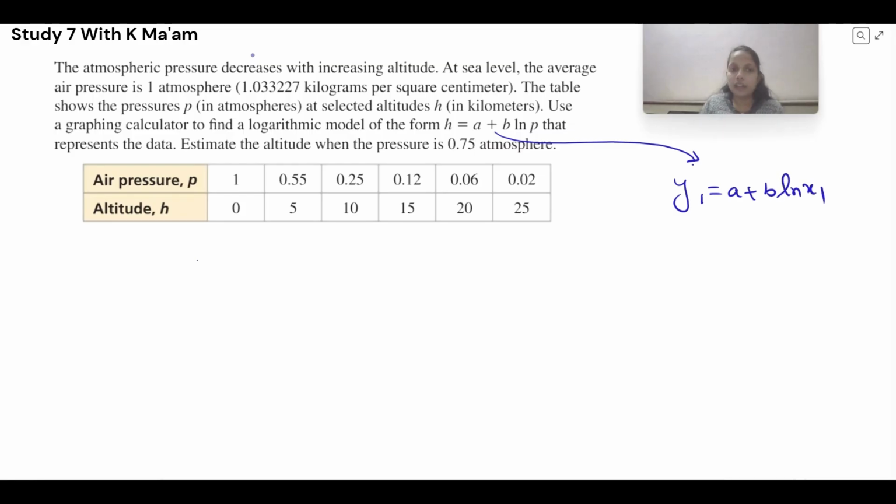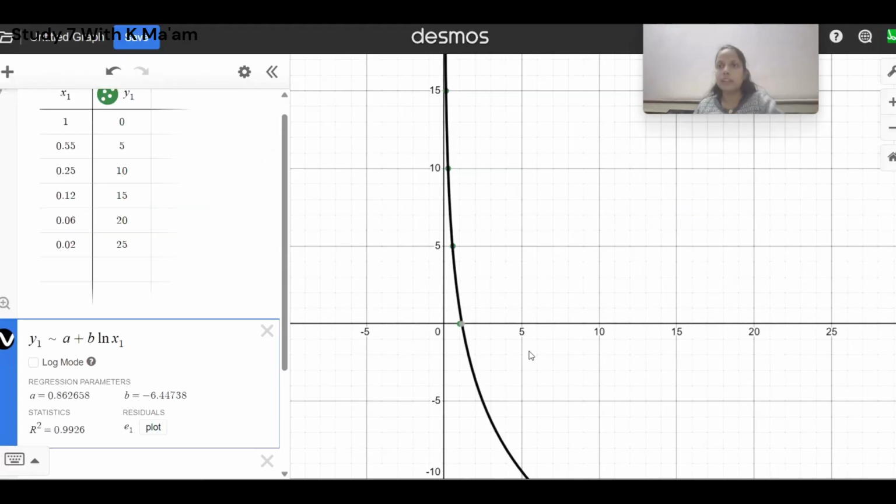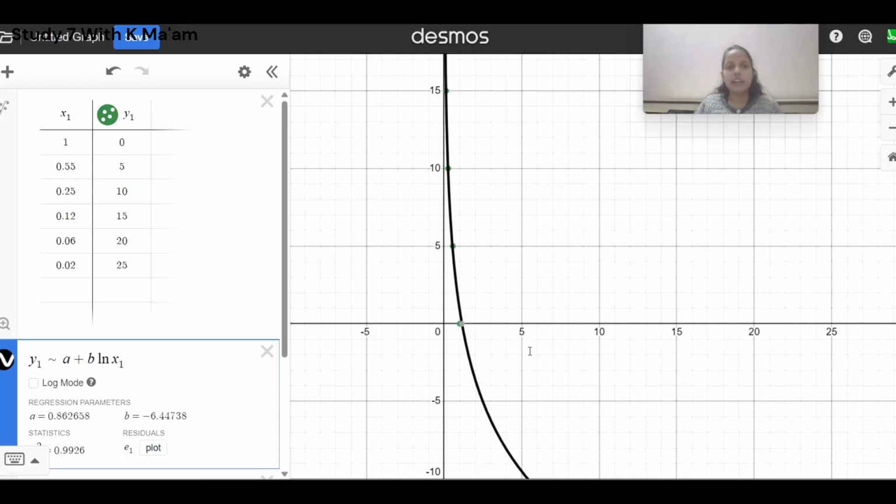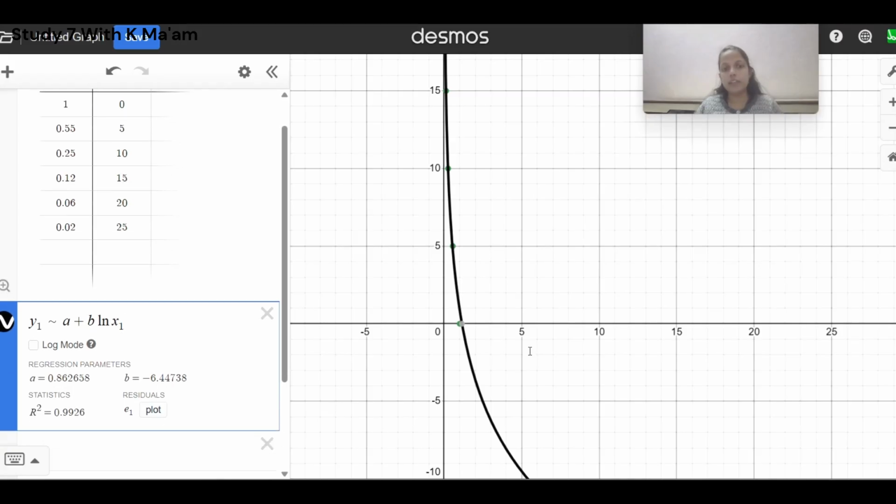These are the x values. I will consider this as the x value. This is considered as y. Okay, let's find out. And using this, we have to estimate the altitude when this is the pressure. So first we will find the model. I write the values, then I define a function here: y approximately a plus b log of x1.